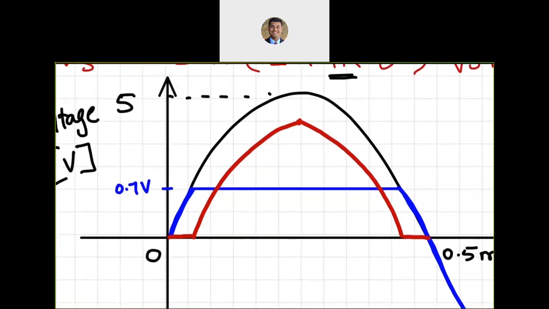Now, as you might imagine, the differential here is going to be 0.7 volts. So if that is say 5 at the top, this is going to be 4.3.